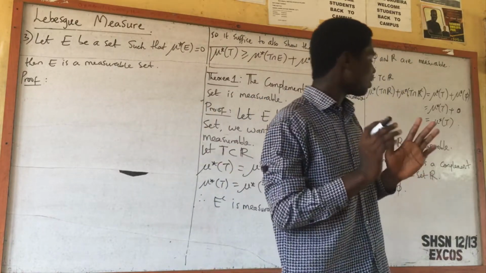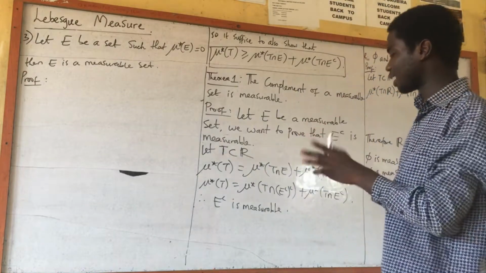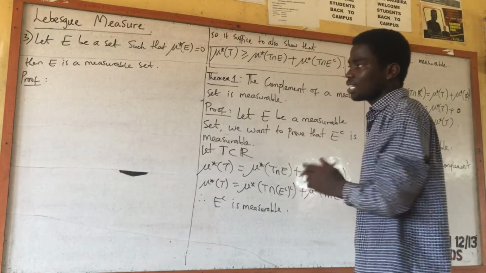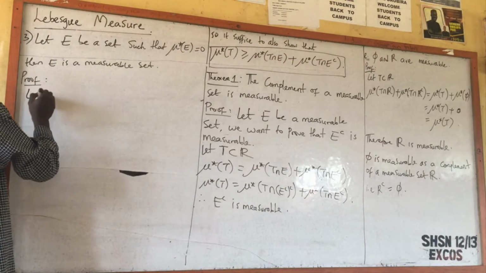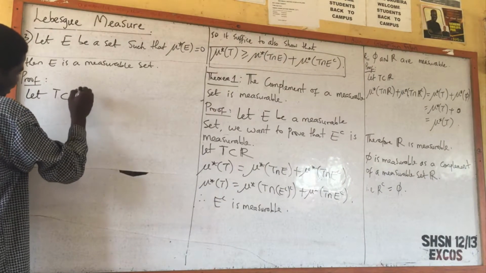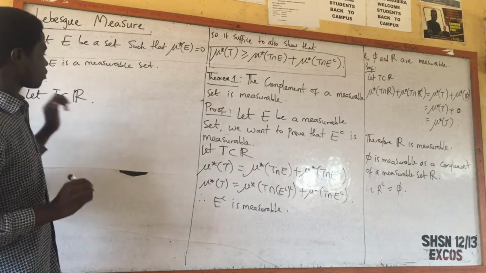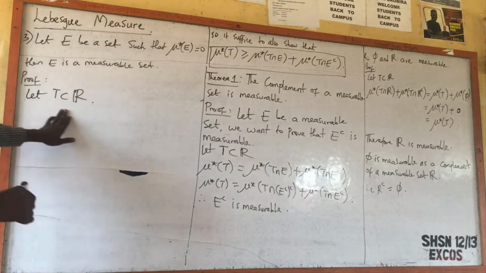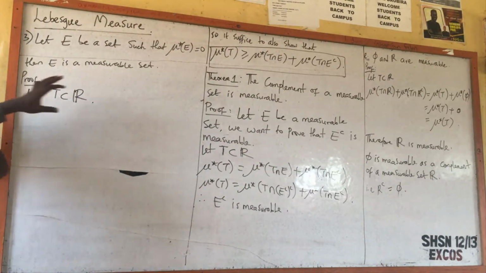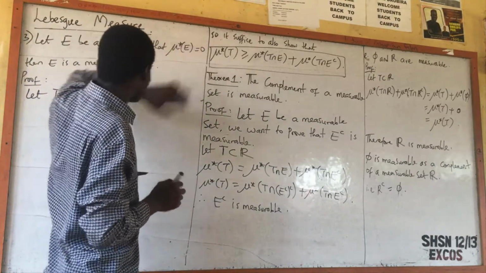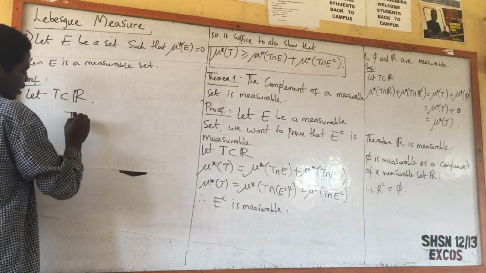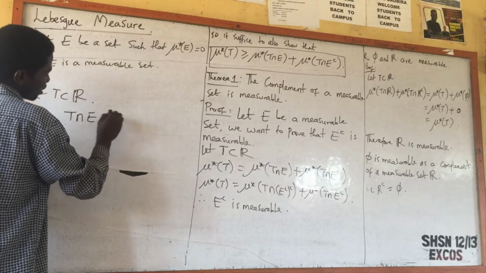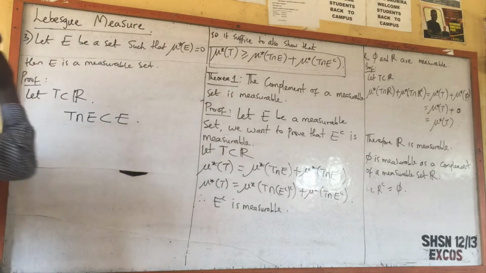The first thing we need to do is let T be inside R. So, we know that the outer measure of E is equal to 0. We know that now, T intersection E will be fully contained in E.